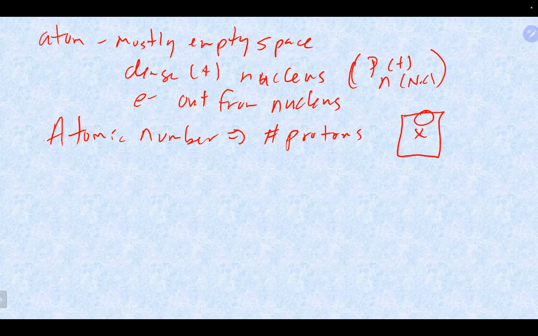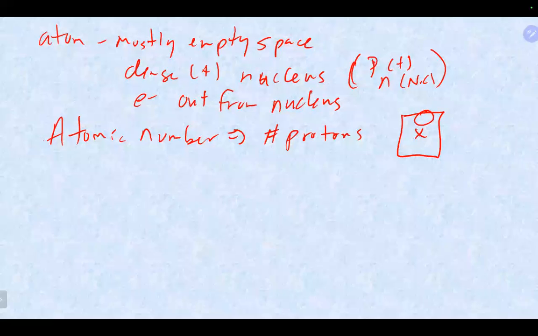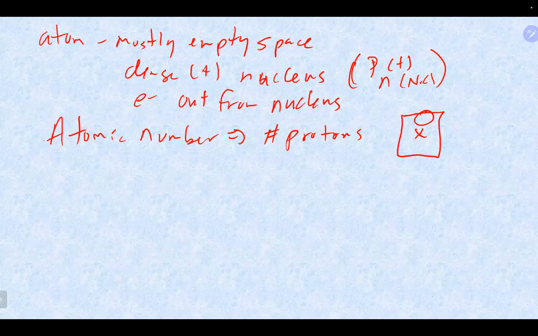If we are dealing with a neutral atom, the number of protons will also equal the number of electrons, because protons are positively charged, electrons are negatively charged, and neutrons have no charge. So if it is neutral and you have a certain number of positively charged protons, it needs an equal number of negatively charged electrons to balance it out. Again, that number can be found on the periodic table.